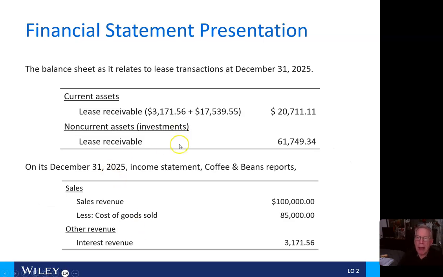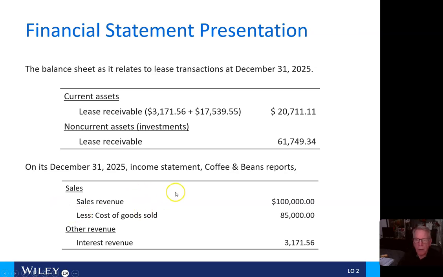Now, the balance sheet as it relates to lease transactions at December 31, 2025. Here, as we show on the current assets, we have the lease receivables. That's the current portion. And then the non-current portion at $61,749.34.